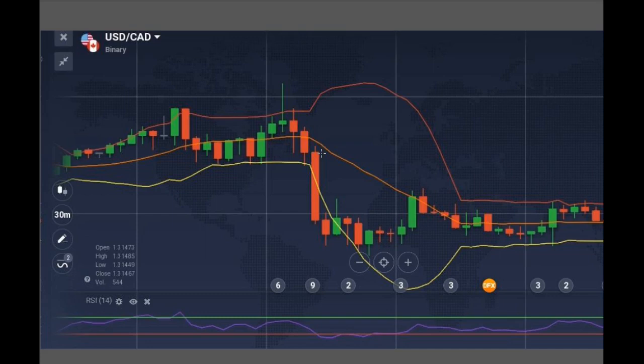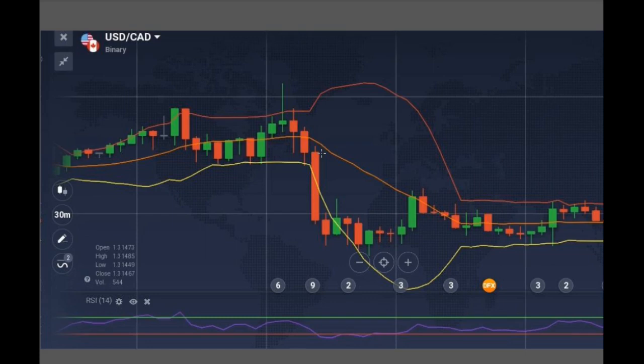What I mean by the longer time frames, I'm talking of 30 minutes expiry. I'm talking about 1 hour expiry, which we'll be talking about in the subsequent class.